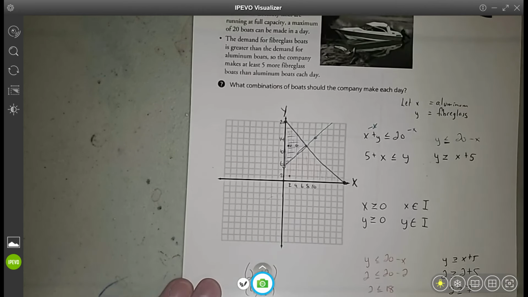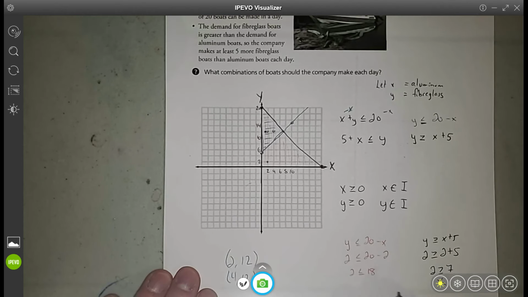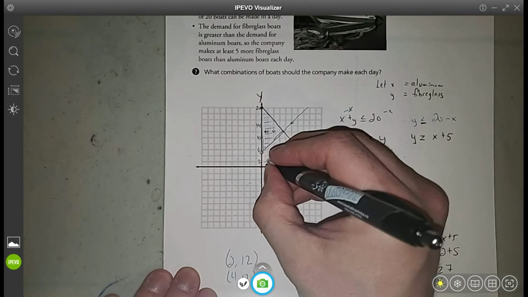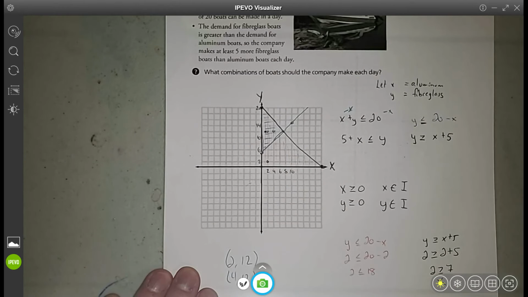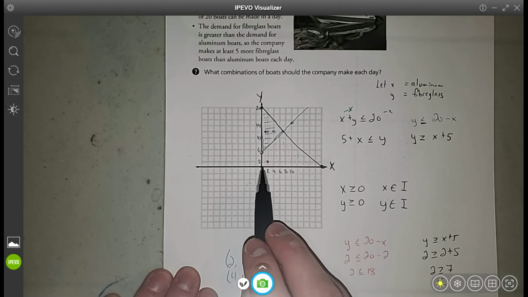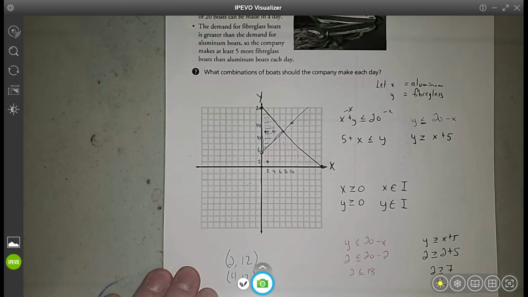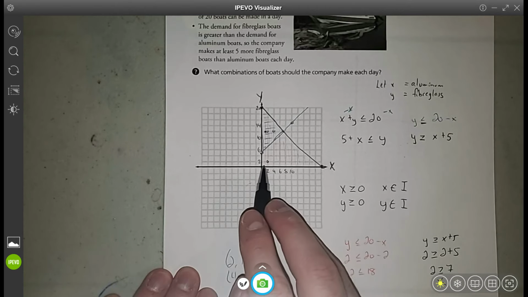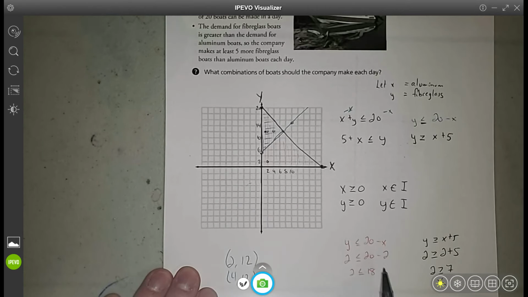So then I took a test point for each graph, and I chose the point (2, 2). In this case, because (0, 0) is kind of on that boundary, you can't really use it. So I just took the next closest, and I took (2, 2). So I plugged that into our first equation, and we got 2 is less than or equal to 18.